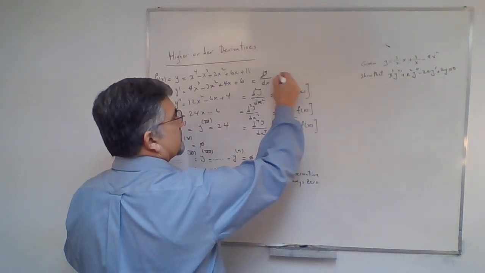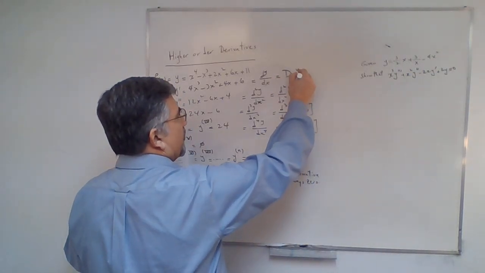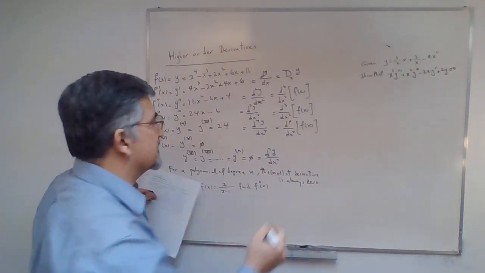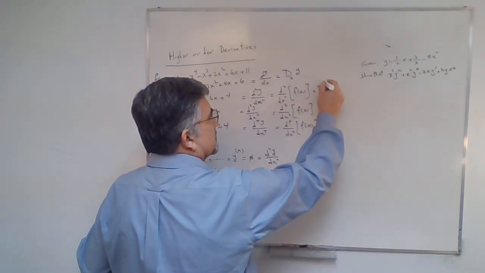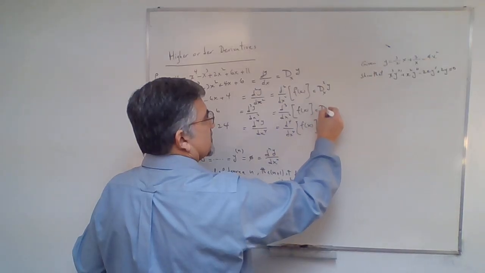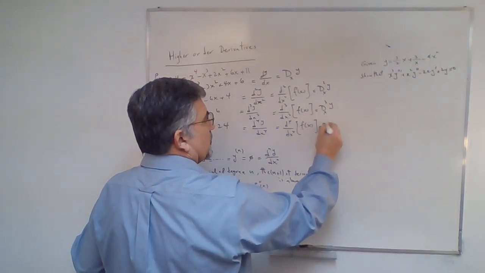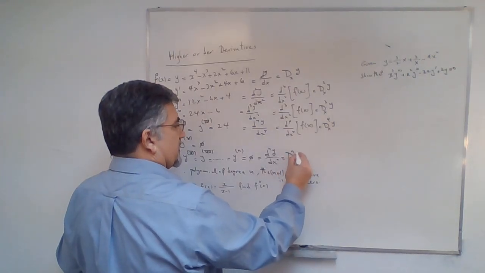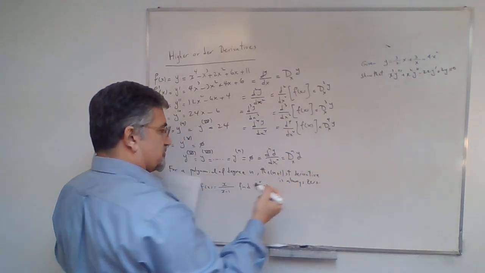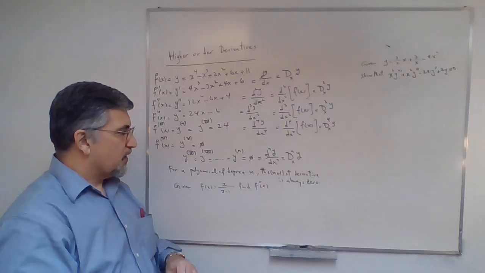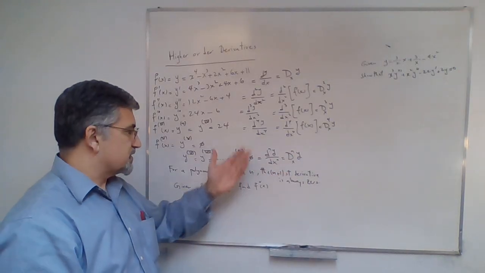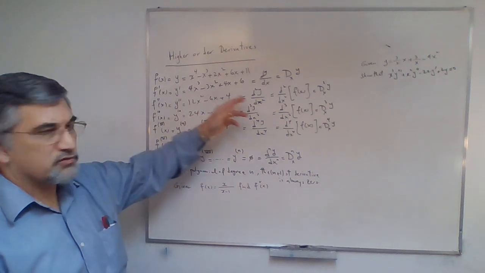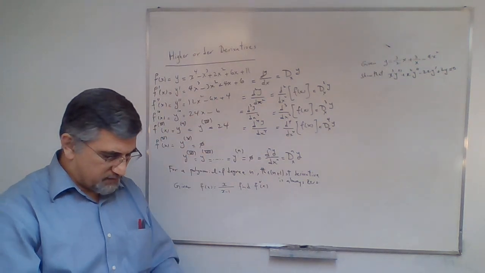There's another notation, D of y with respect to x, the capital D operator, they call it in the old textbooks. So this would look like D2y sub x, D3y sub x, or D4y sub x. Or you can say Dn of y with respect to x, which means the nth derivative of y with respect to x. That's another notation. So the most popular notations are prime notation and Leibniz notation, which you have to know in and out.